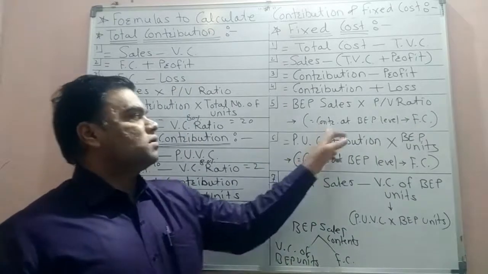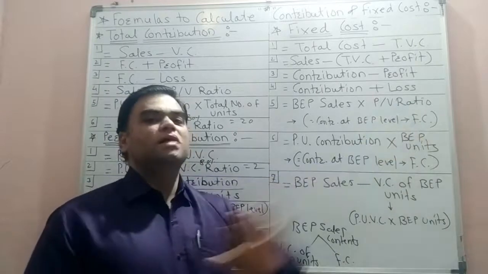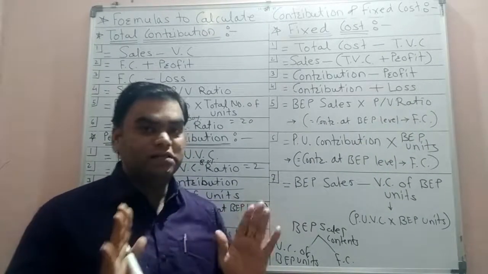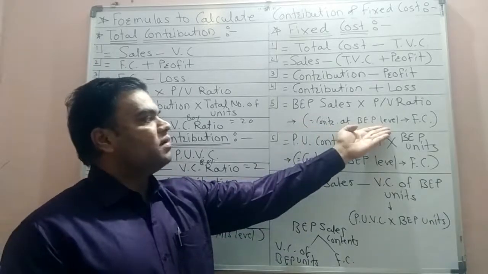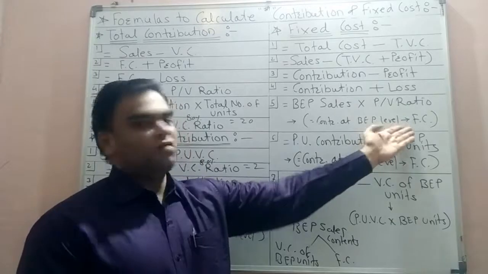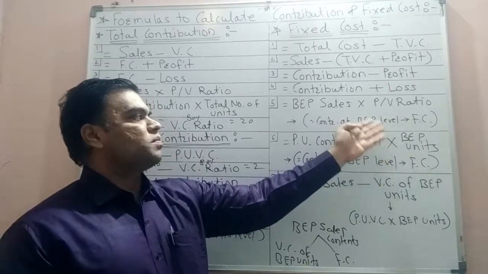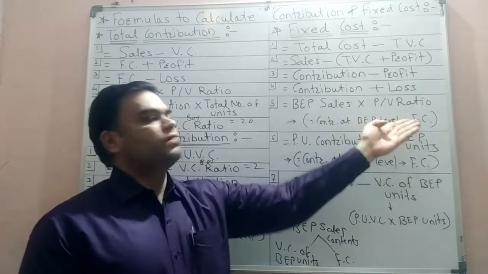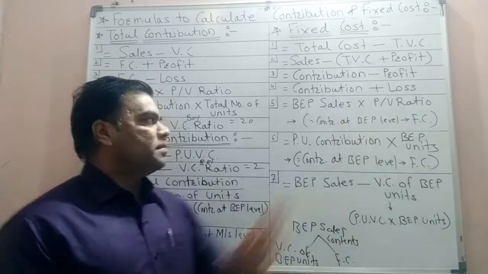If this contribution at BEP sales level is rupees 50, then fixed cost will always be 50, equal to the contribution at BEP level.